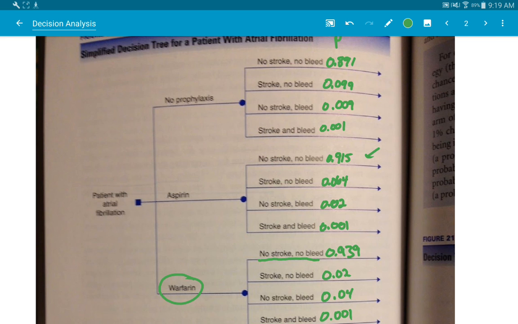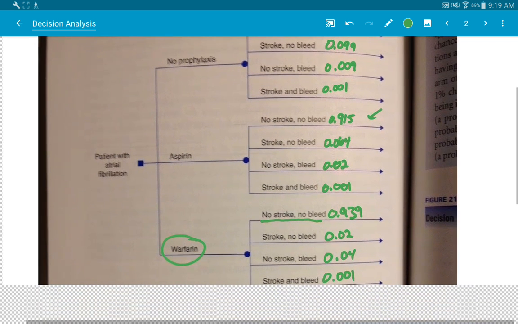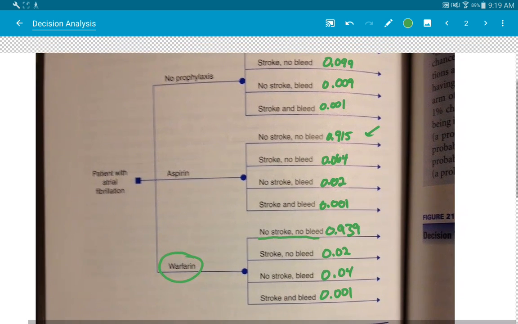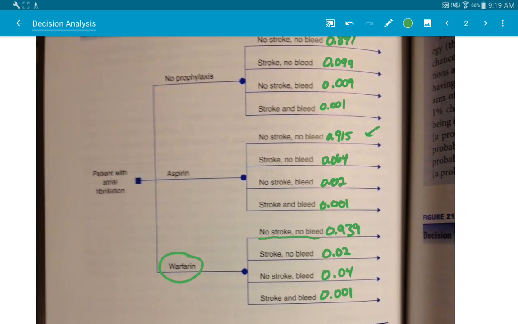And then in the second line, they have a 2% chance of a stroke with no bleed, whereas aspirin has a 6%. So I would say that one has less stroke, so it's less likely to have a stroke. This is actually going to be really important in my next point. What you're saying is strokes are bad.